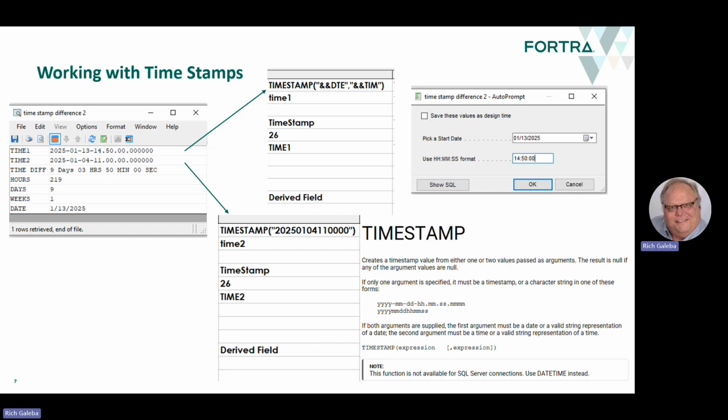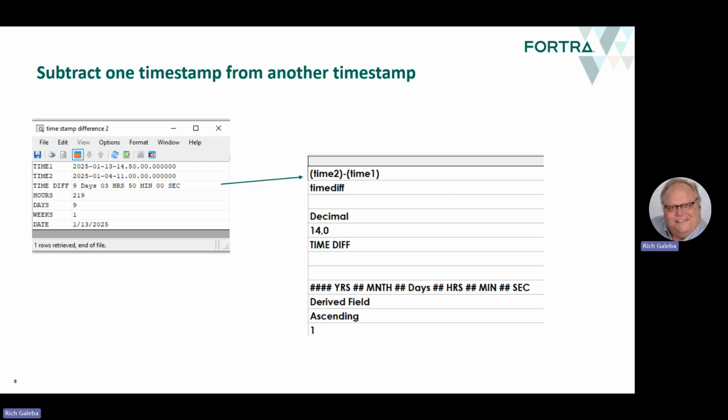Now, the next line is the result of what happens when we subtract one timestamp from another timestamp. So looking at time diff, you'll see that the result of the difference between these 2 timestamps is 9 days, 3 hours, 50 minutes, and 0 seconds. Now, that's nicely parsed out and masked because I created this edit code at the bottom. You'll notice the hashtags. Those represent digits.